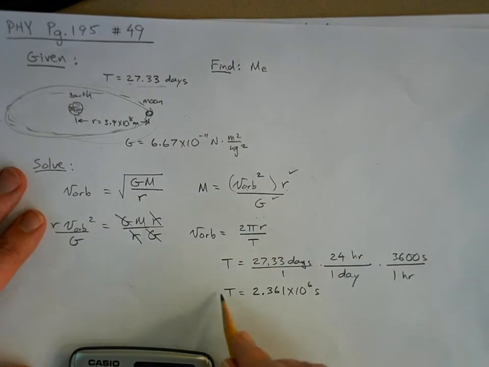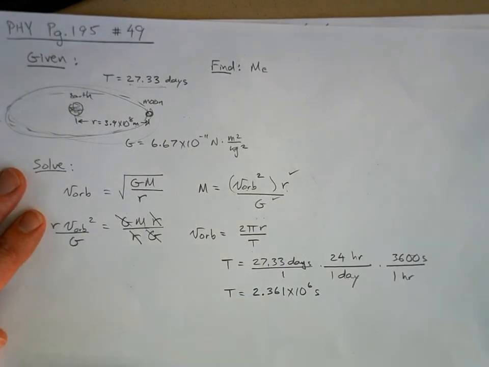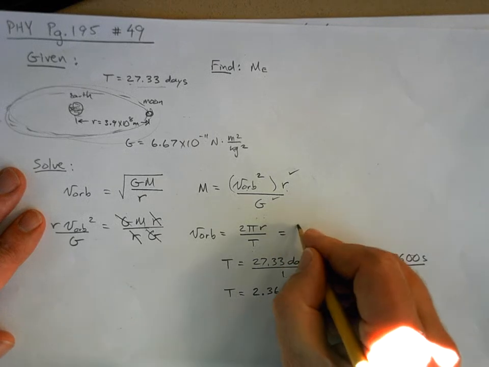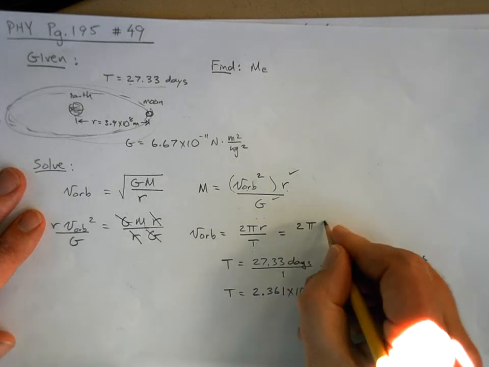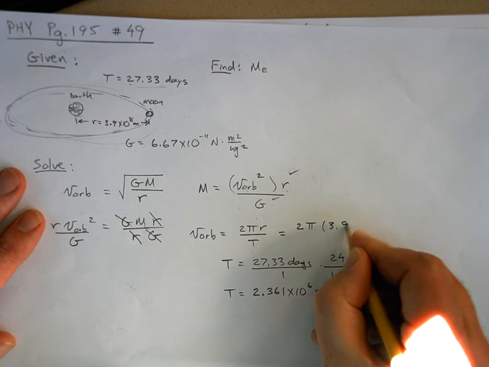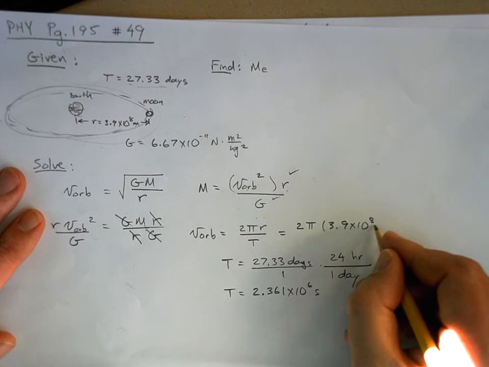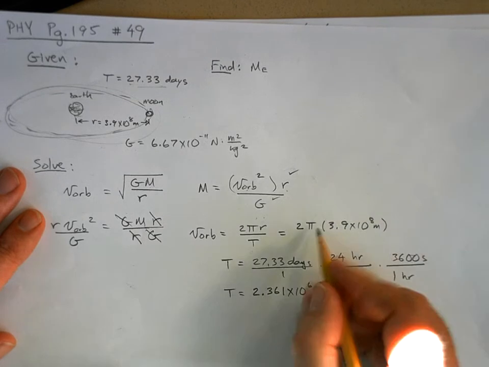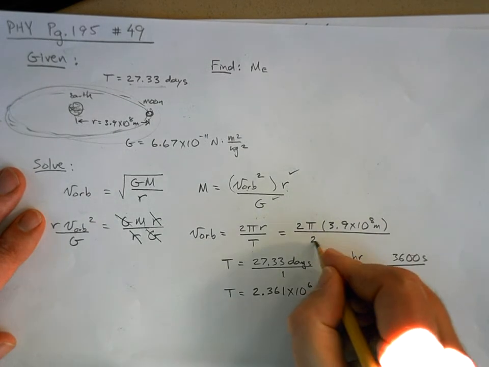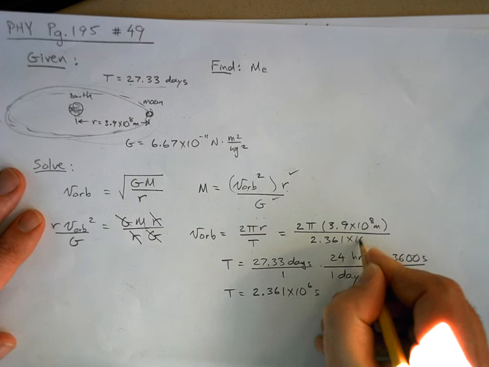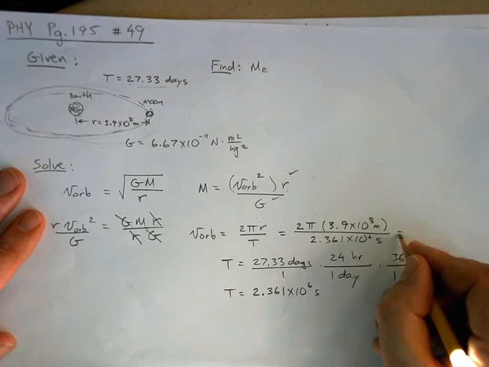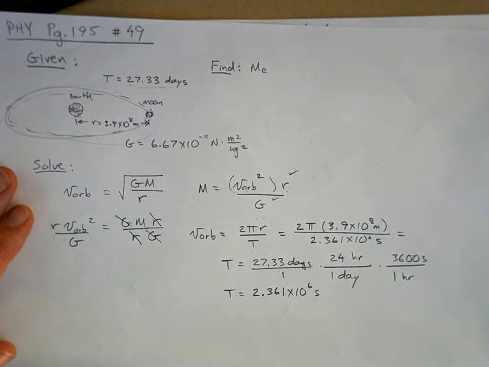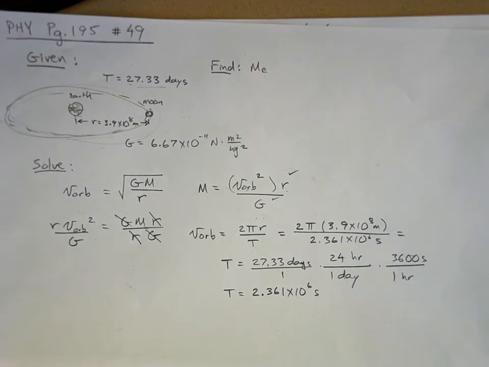All right. So anyway, now we can use that up here. That's 2 times pi times 3.9 times 10 to the 8 meters over 2.361 times 10 to the 6 seconds. So what can I do with this? Can I do that with this calculator? Oh, I don't like this calculator. I'll just start over.